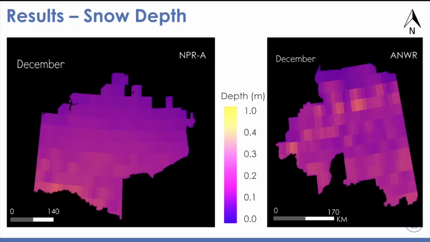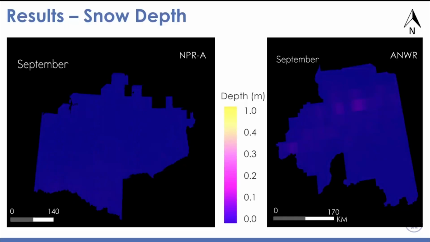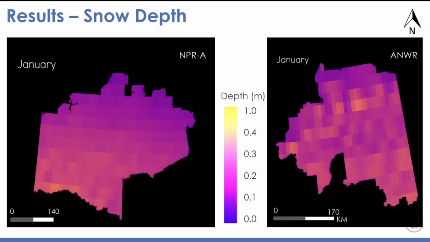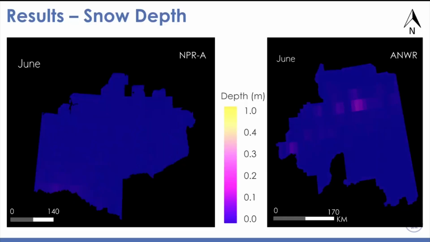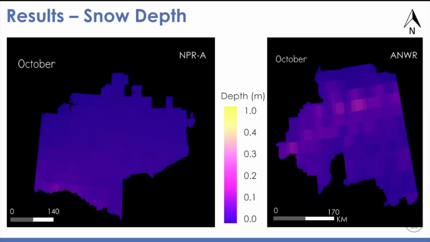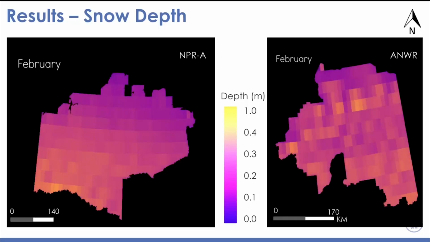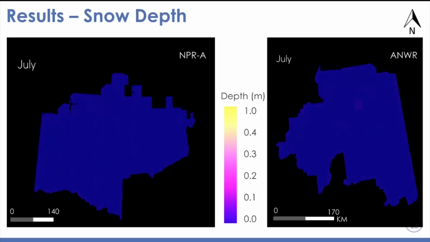However, as you can also see from this data, the resolution size is poor because it's 27 kilometer resolution. No solid conclusions could really be made by the team about how snow depth was being held in what specific regions over these 20 years.